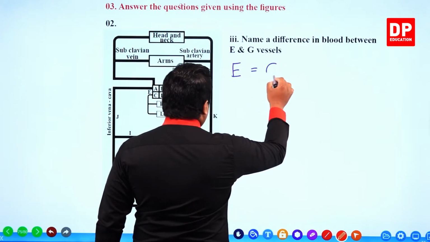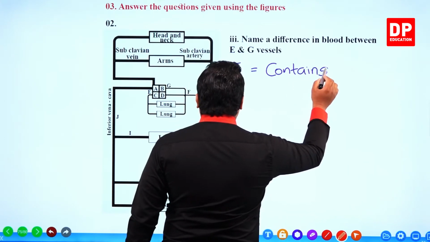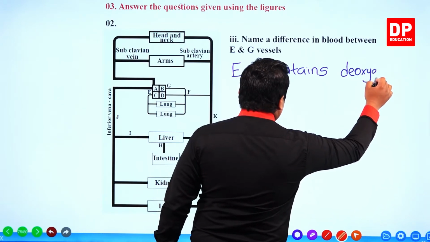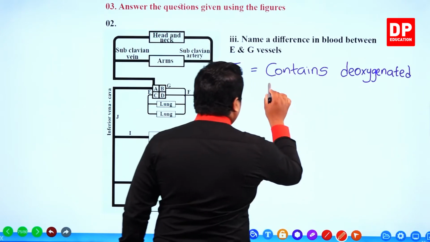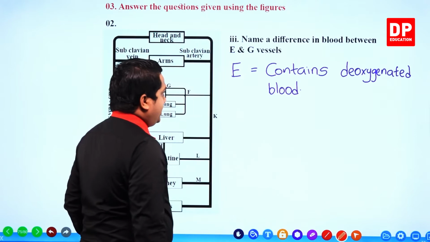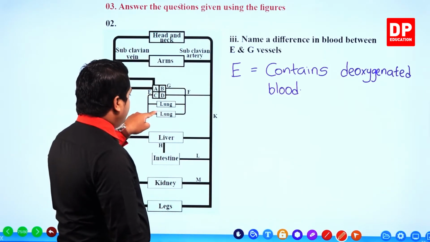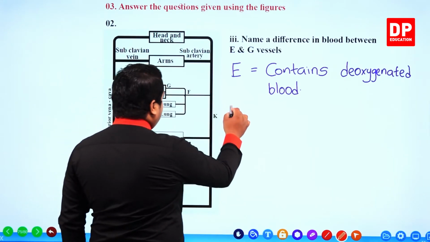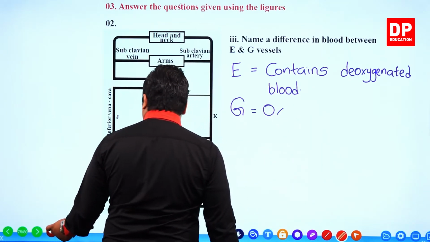E contains deoxygenated blood. In E you can observe deoxygenated blood, but in G you can observe oxygenated blood.